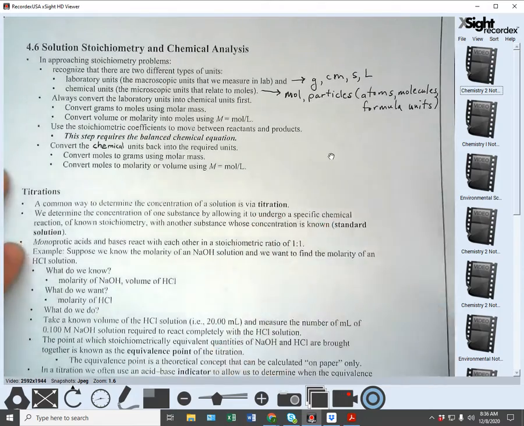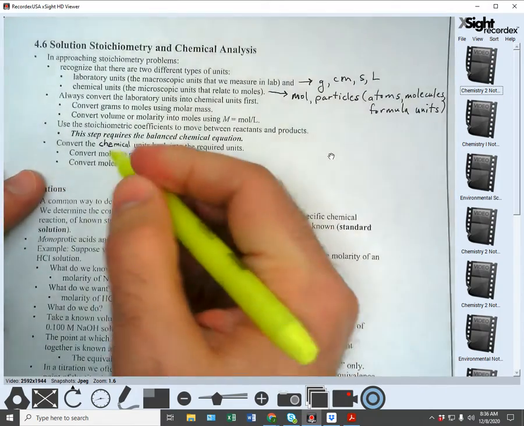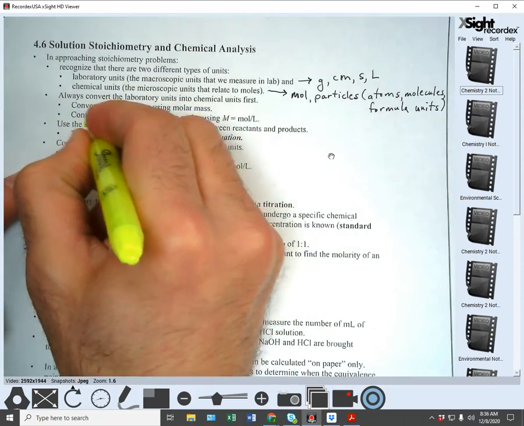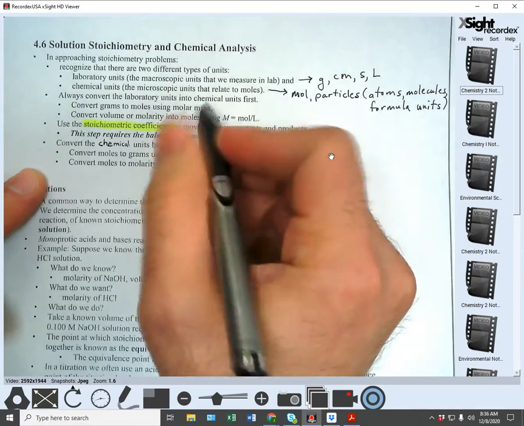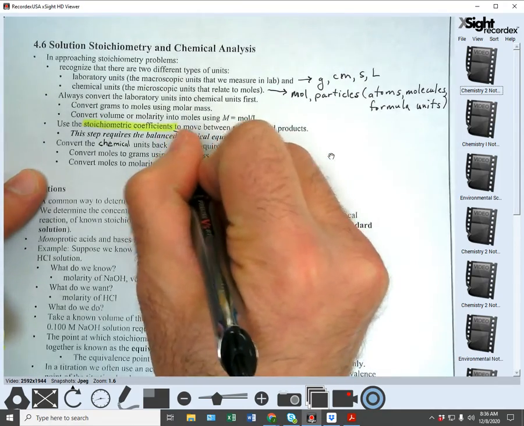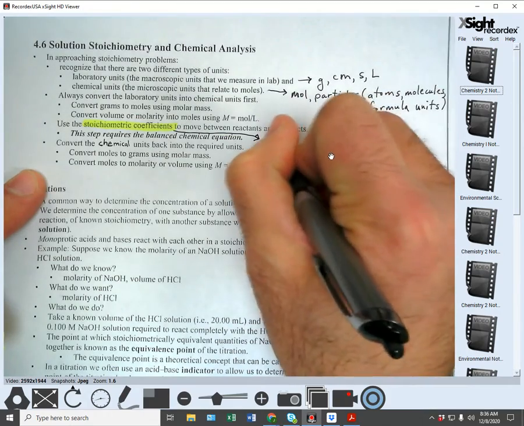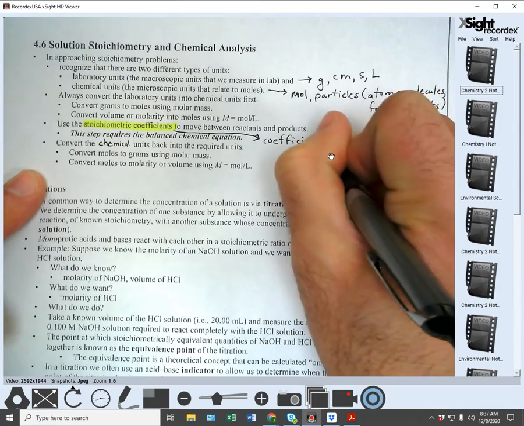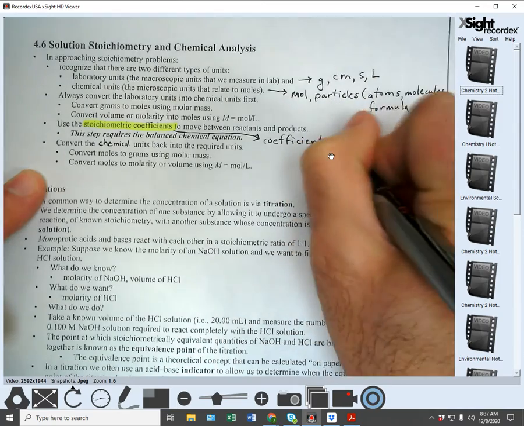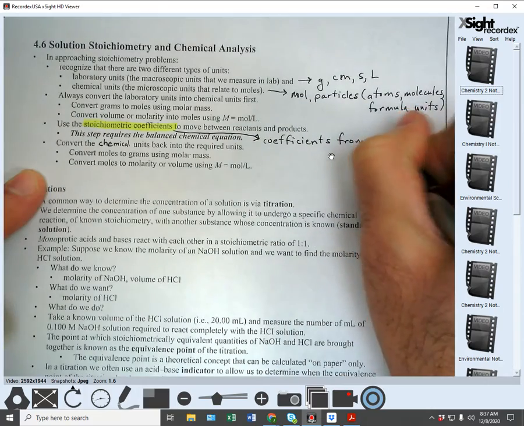All right. So what this is talking about here, stoichiometric coefficients, that's talking about the coefficients from the balanced equation.